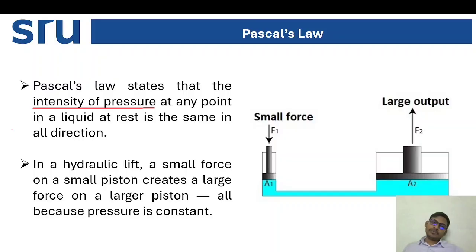The air pump inlet valve is small, but when you are putting the pressure in, the tube becomes huge. It may be a bike tube, car tube, lorry tube or cycle tube. So a small force applied with a small area affects a large area, and the output is a large force. You can take the example of a tube.